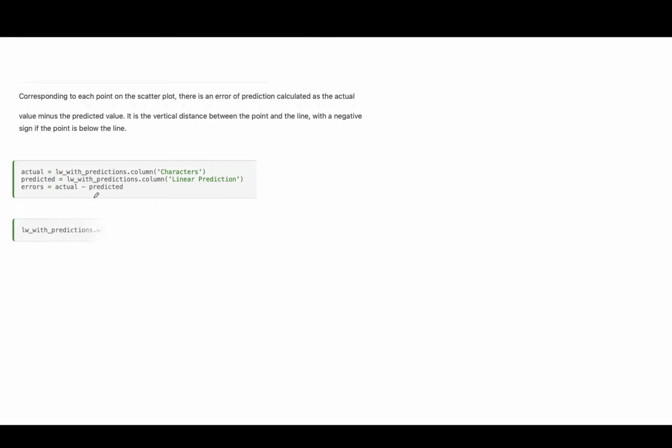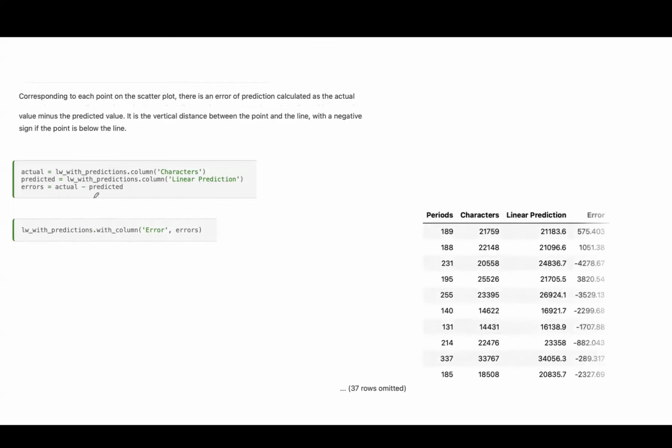But what does the visualization look like? Let us take a look at some of the errors, the difference between the actual value and the predicted value. For example, the number of characters minus the number of predicted values is 575.403.